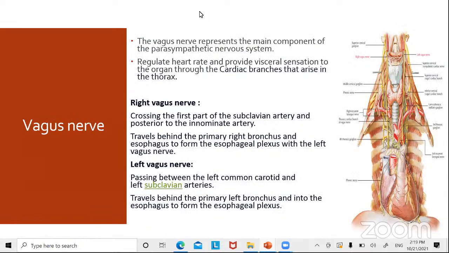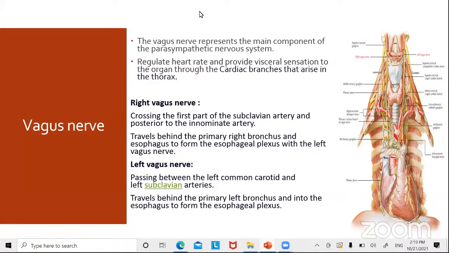The vagus nerve represents the main component of the parasympathetic nervous system to the heart. Among a number of different functions of the vagus nerve, in relation to the heart, it has a parasympathetic effect which regulates the heart rate, and a sensory effect which provides visceral sensation to the heart through the cardiac branches that arise in the thorax.